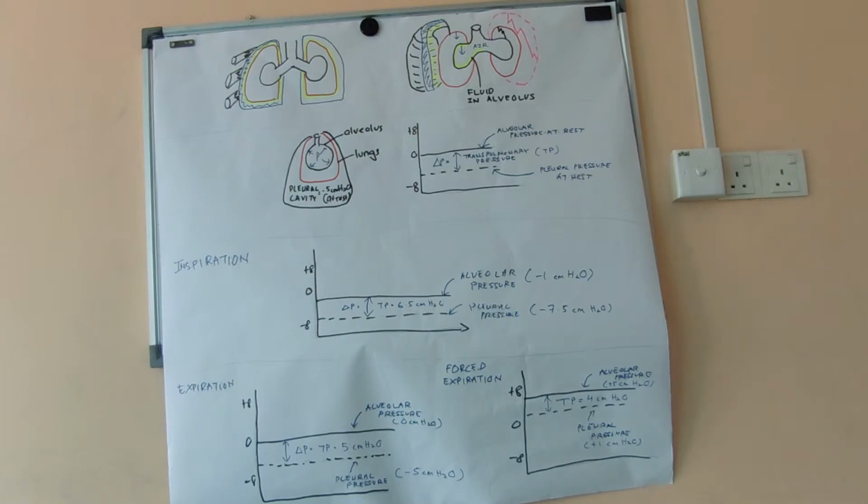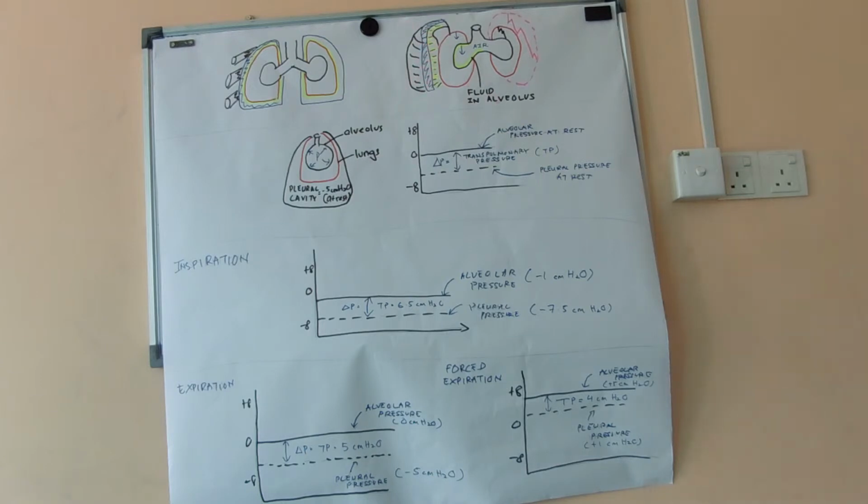Next, we are going to talk about the outward force, which opposes the inward force. Remember, the outward force is solely brought about by the rib cage. When you are inhaling, the rib cage moves upwards and outwards.